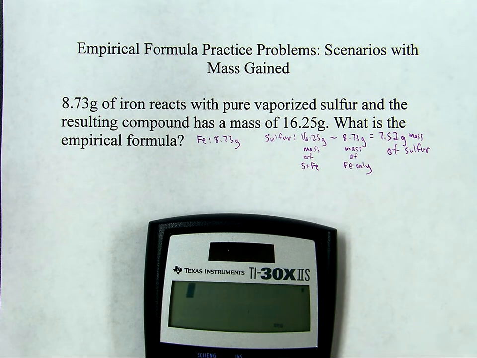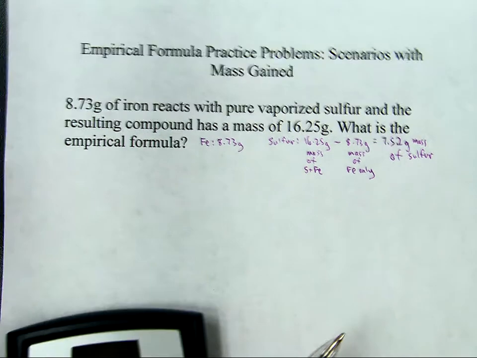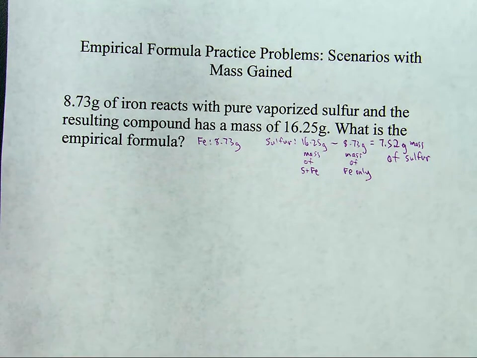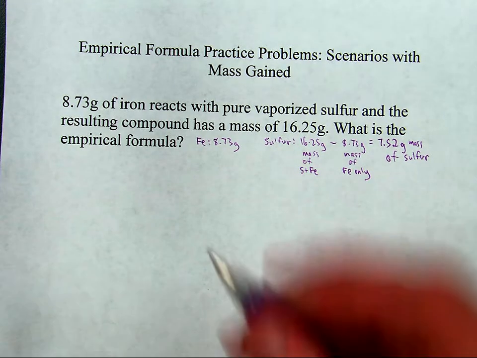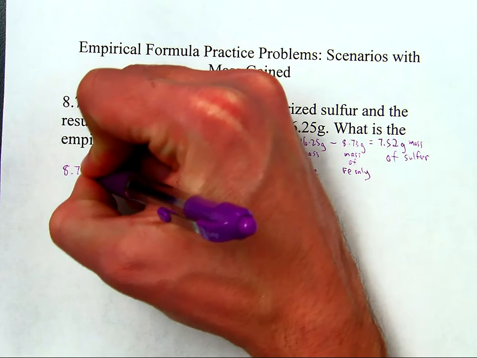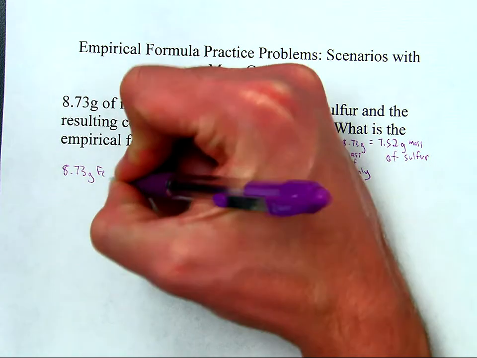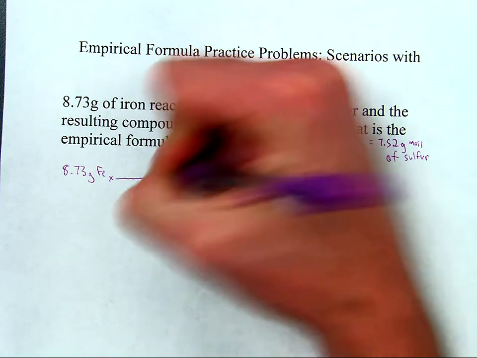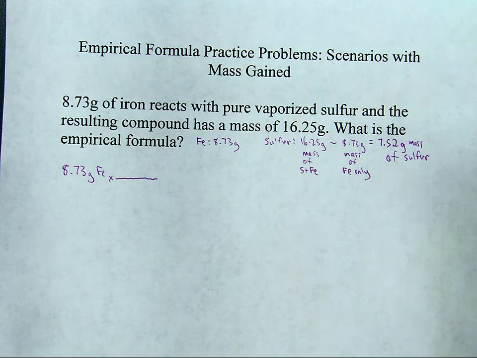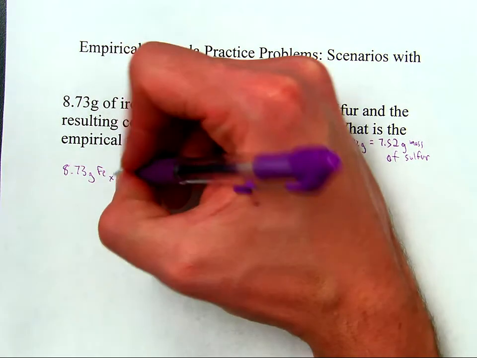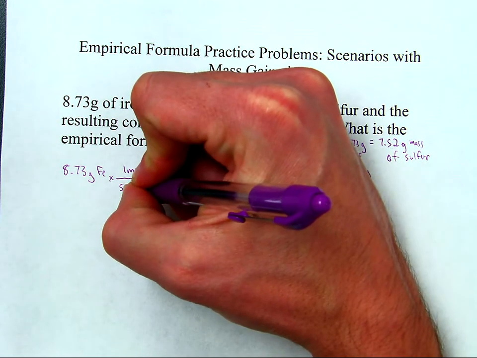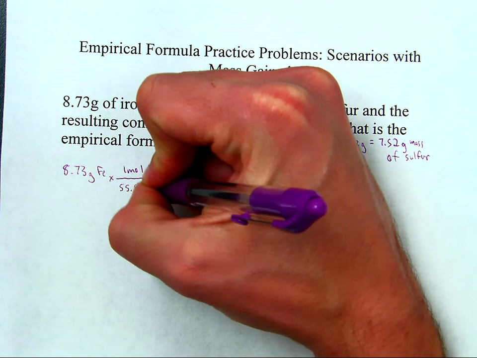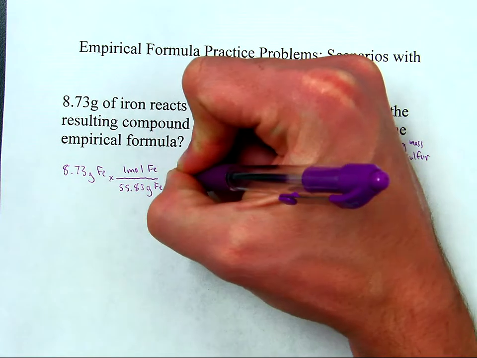Anyway, that being given, now I can do this just the same as any other empirical formula problem, now that I've got the mass of the sulfur and the mass of the iron. So here we go. 8.73 grams of iron. Let's convert it to moles. I'll convert this one to moles too, and then I'll find the ratio of the moles, and that's going to be the formula. 1 mole of iron has a mass of 55.85 grams of iron.